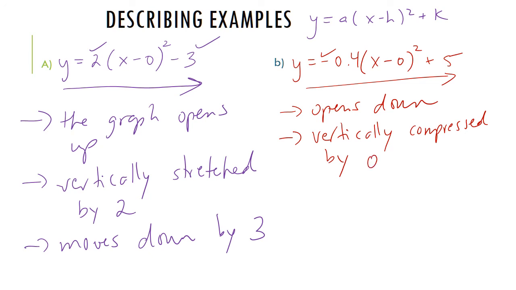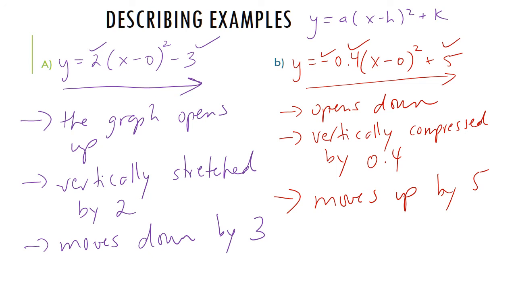Vertically compressed by 0.4. Okay, that's done. And then the last thing is the k, which in this case is positive. So you want to say positive k means moves up by 5. And there you have successfully done your first little bit of describing transformations.